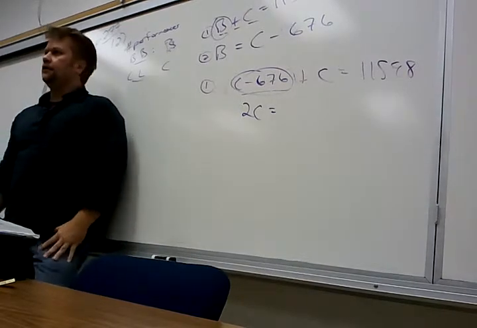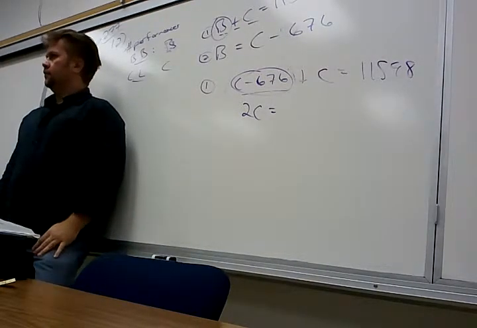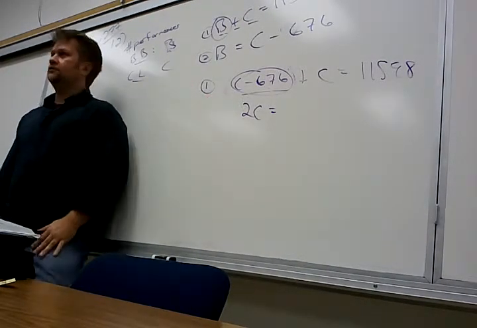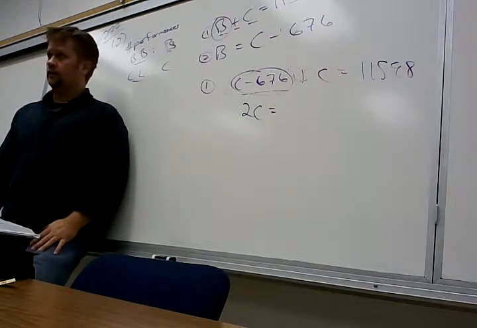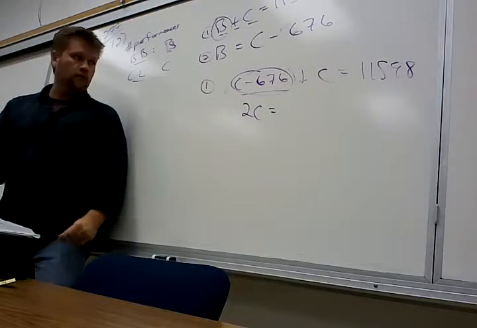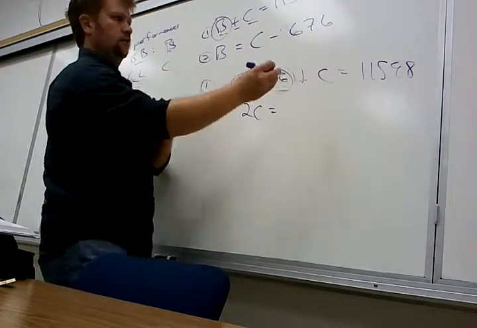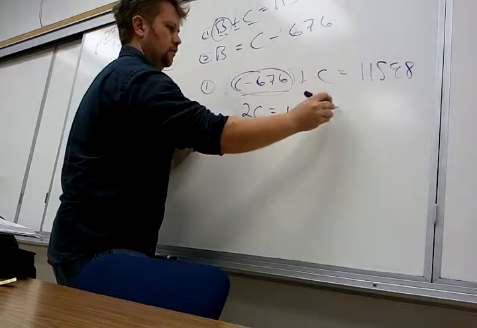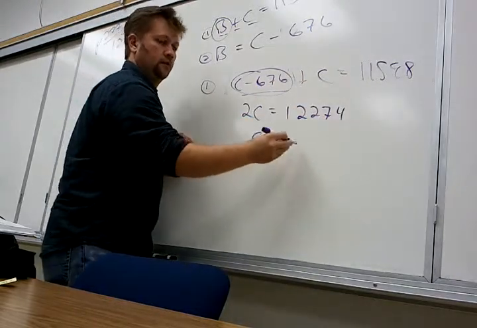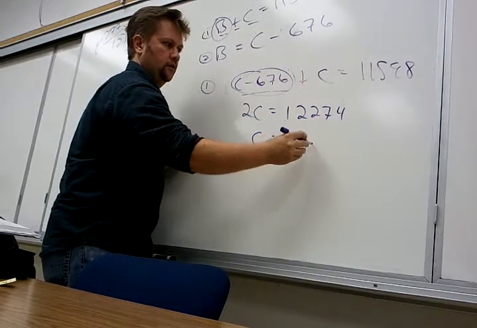Add the 676 over. I think you guys can finish that out, right? Big numbers, but you don't care. It's not too bad. So at the end you get, oh, when you add this over? Yeah. Okay. And so C is 6137.